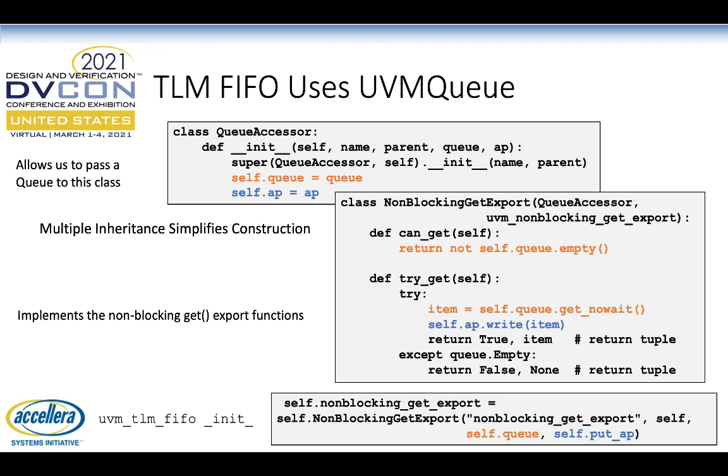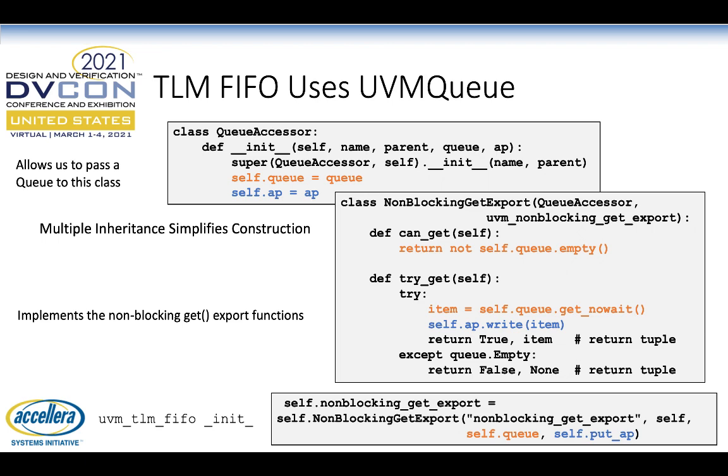And we see here that given a queue, we store the queue in self.queue and the analysis port in self.analysis_port. We also call the initialization function for UVM component and pass it the name and the parent so that we're in the hierarchy as we're supposed to be. And you can see now we implement, say, can_get is simply return not self.queue.empty.